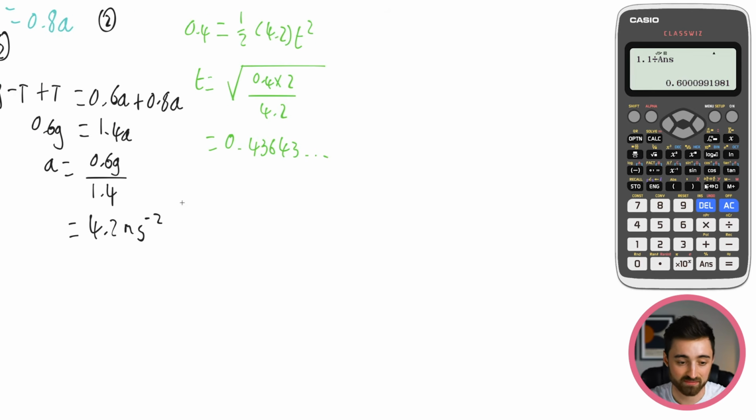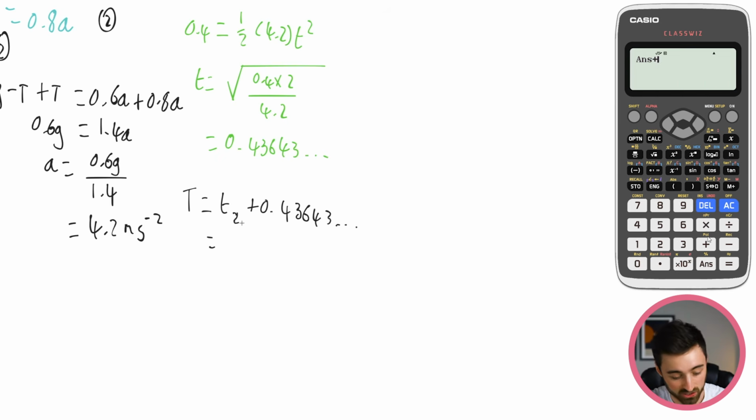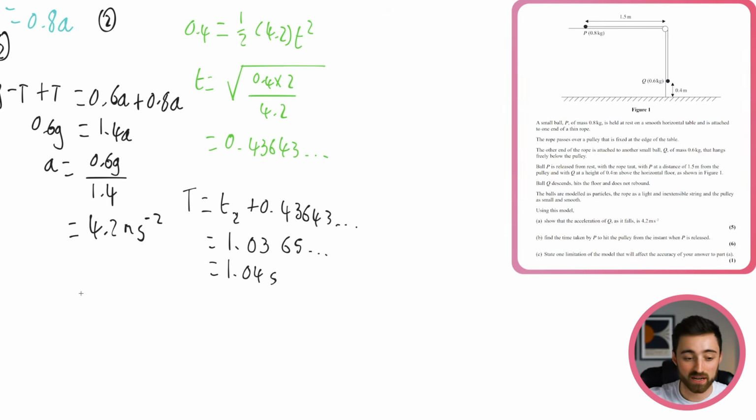My final time, let's call it big T, is just going to be t2 here, plus all of this stuff, 0.43643, to finally get my final answer as 1.0365... How many sig figs do we really want this? Let's go 3. So that's going to be 1.04 seconds. Pretty grim.